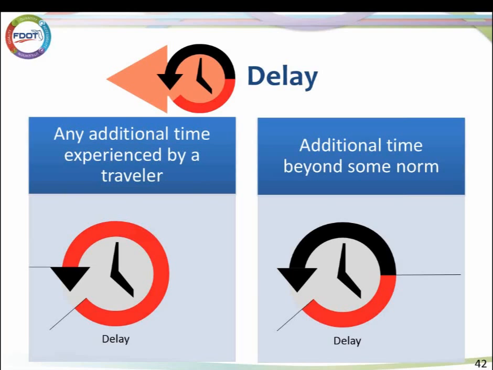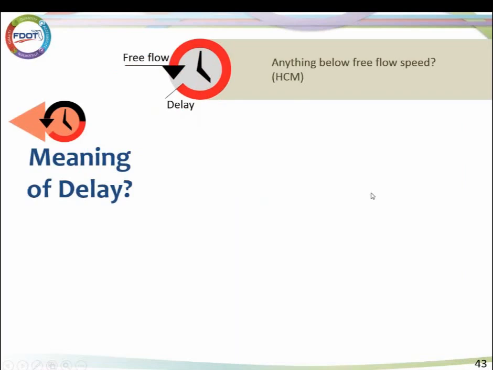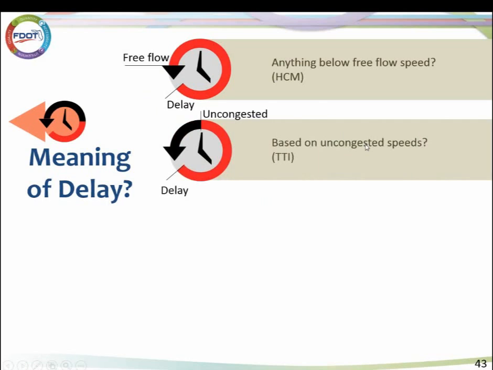But then another way to do this is to pick some norm. What's a more reasonable number than just that free flow? What's in the Highway Capacity Manual is that first definition, where it's anything below the free flow speed. Many of you are familiar with Texas A&M's urban mobility reports, and what the folks over at Texas A&M do is work with something called an uncongested speed.